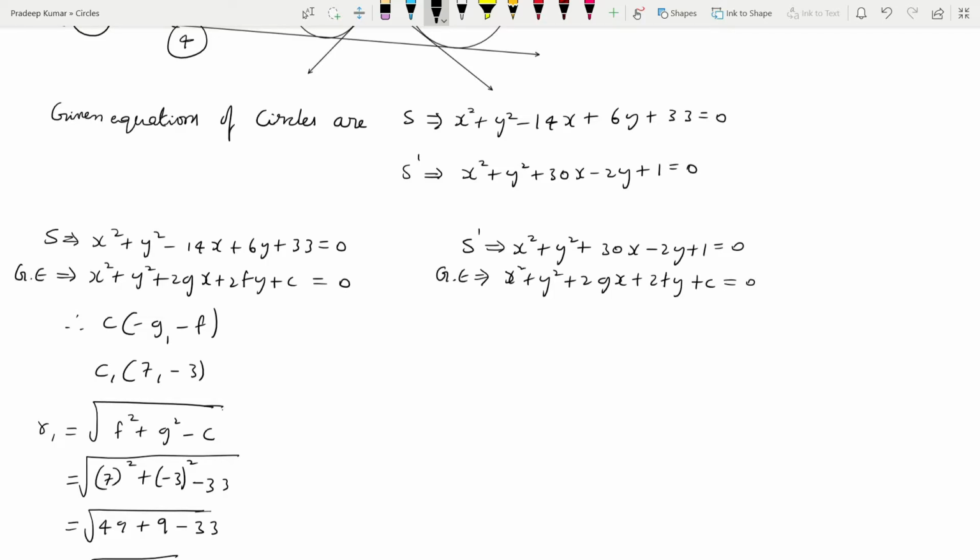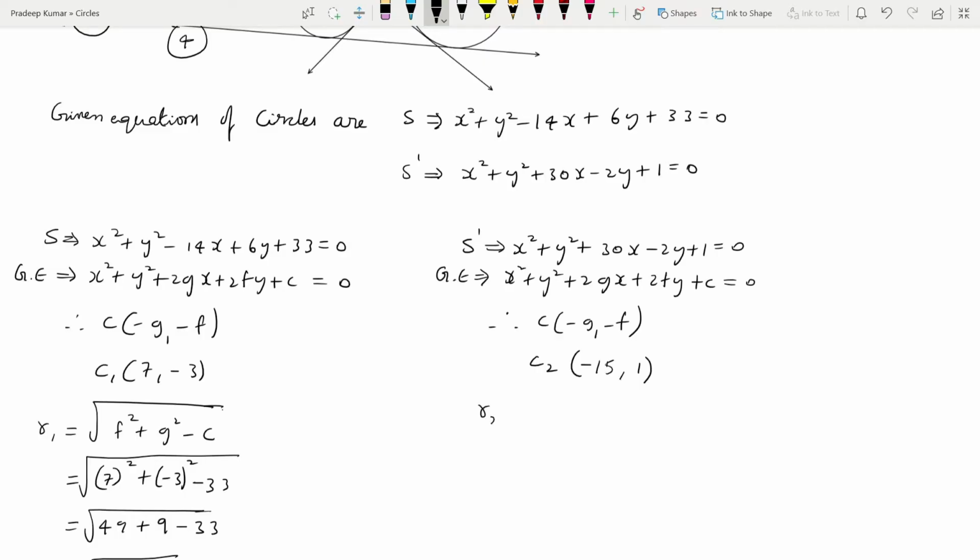For the center we take minus g comma minus f, so we are getting the second center as minus 15 comma 1.